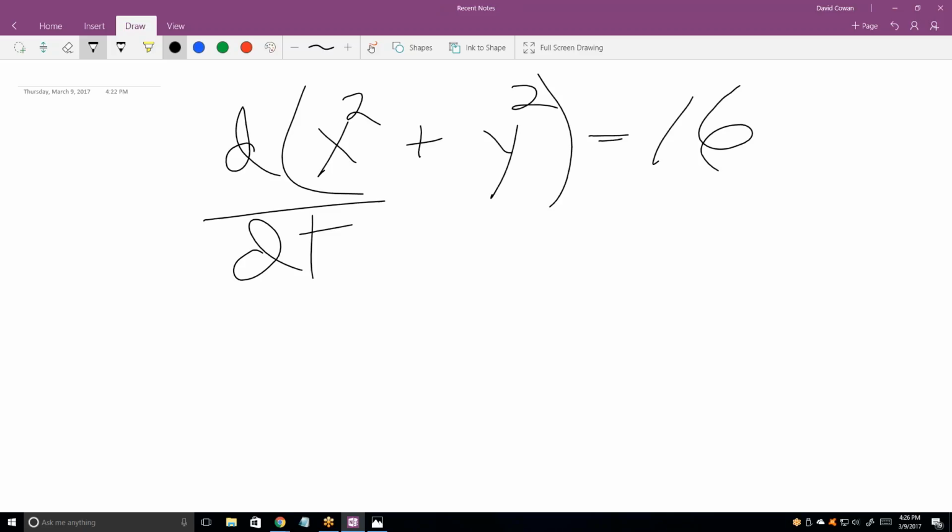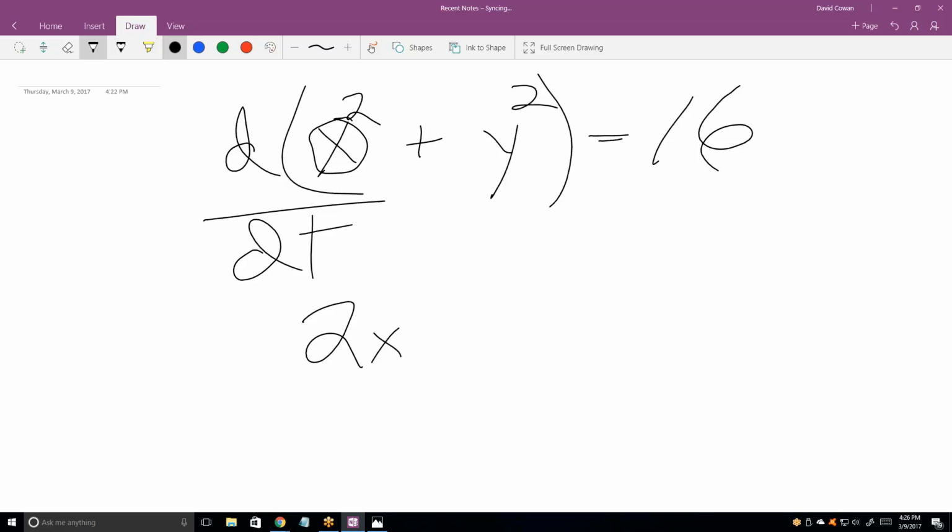Now, differentiate this thing with respect to t. So 2x plus y squared. Hold on. We ran into a variable that was not t.